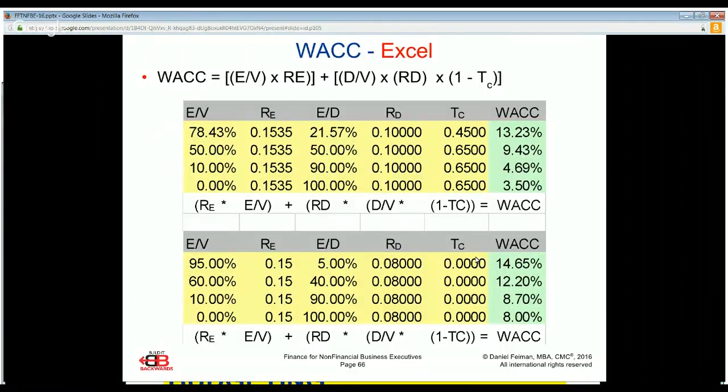Why is that element in here when we're calculating our cost of capital, our WACC, our weighted average cost of capital? The reason is in most countries, if you remember our previous discussion, the cash cost of debt is interest. Interest is a tax-deductible expense.